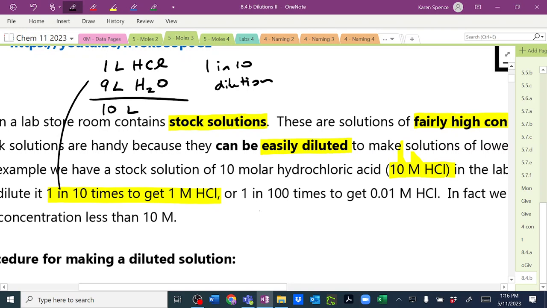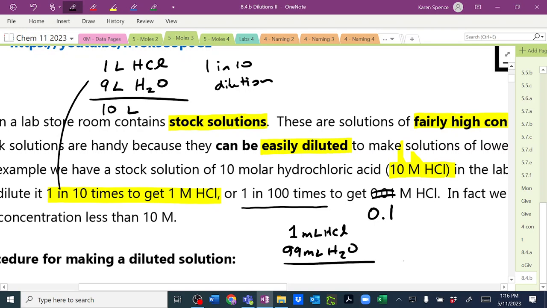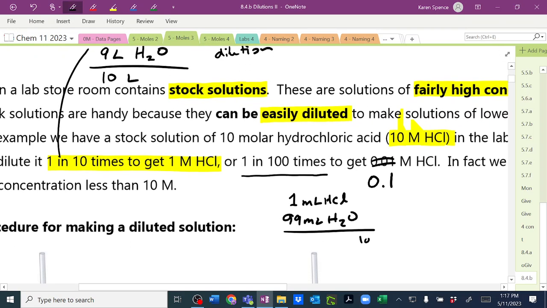Or you can do a 1 in 100 times dilution, and you would get, I'm sorry, this should have said 0.1, not 0.01. That might be where you had 1 milliliter of the HCl and 99 milliliters of water, giving you a total of 100 milliliters. That would dilute it by a factor of 100.